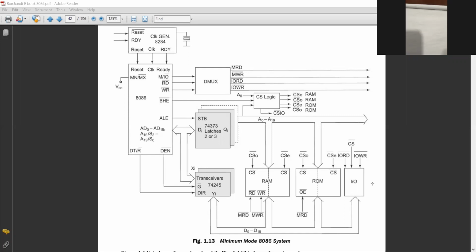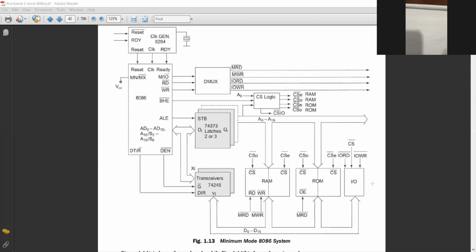Next, CSO and CSE, where will they come from? They will come from the CS logic. CS logic means a NAND gate, or you can say a decoder, something like that. It depends upon BHE bar, A0 and some portions of the address bus. Yesterday, when I explained, some address lines are directly connected, and the rest of the address lines are connected for the chip select.